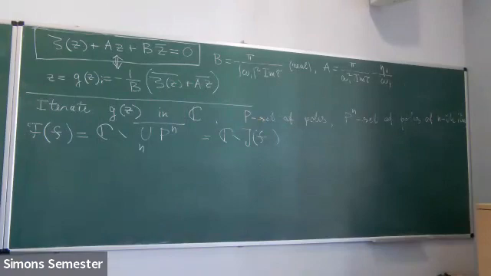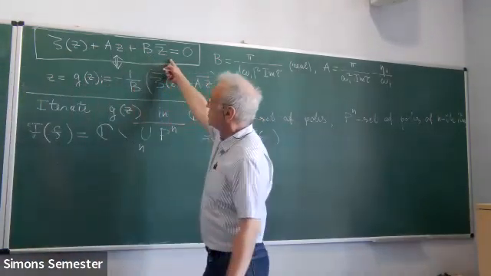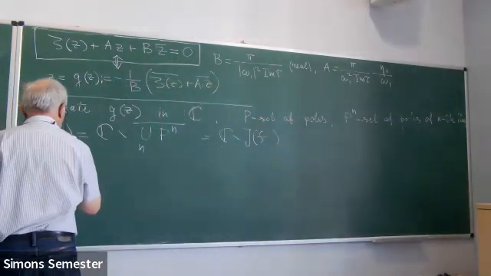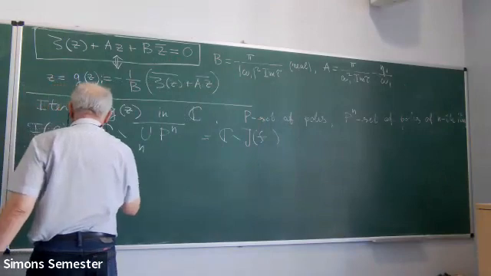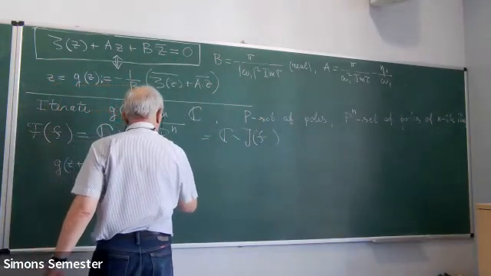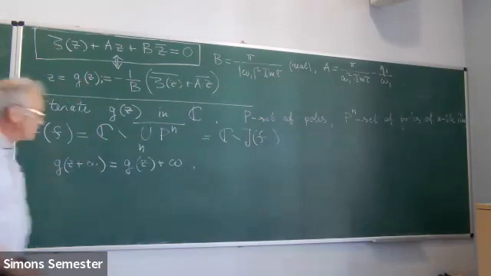The Fatou set is completely invariant. And the left-hand side is periodic. This means that G of z plus omega equals G of z plus omega. This is equivalent to the periodicity of that.